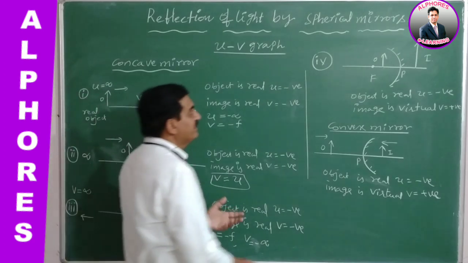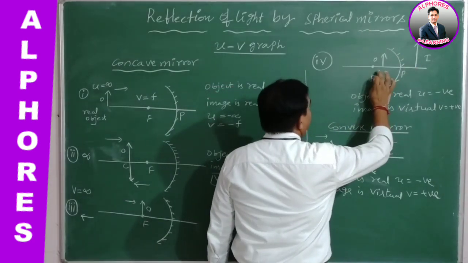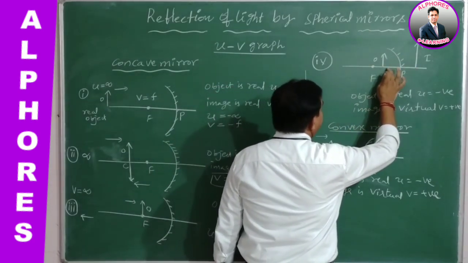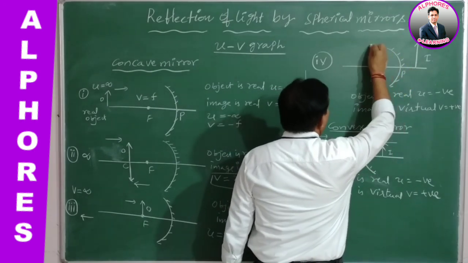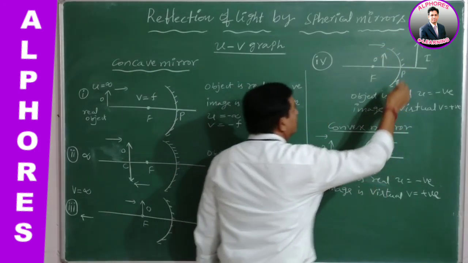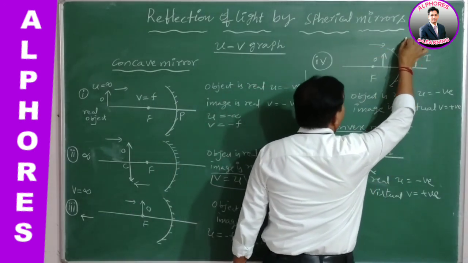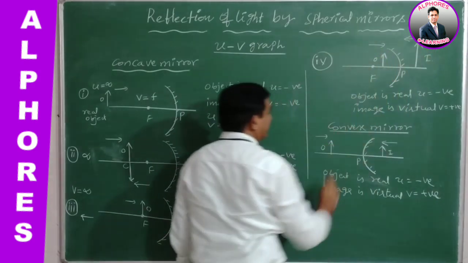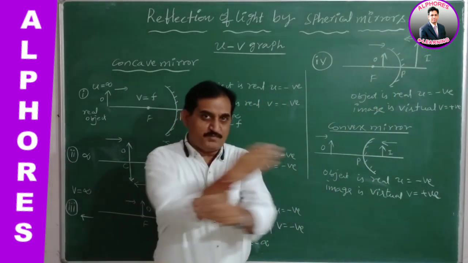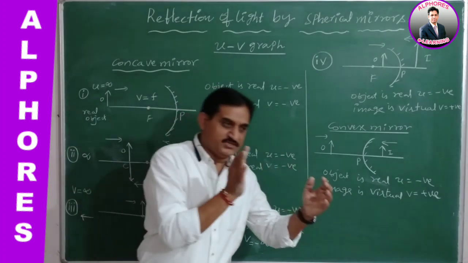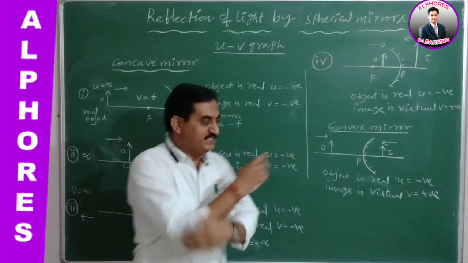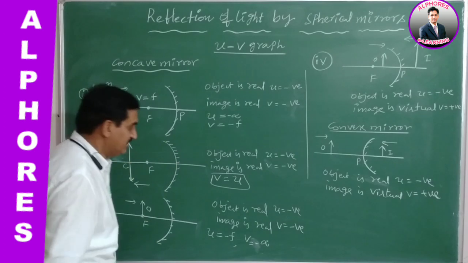And go for another one. In this case also, when the object is entering the region of focus and the pole, moving in this direction, then the image will be virtual. It is also moving in the opposite direction. Whenever it approaches, the image moves opposite in direction. Here these two are opposite in direction.